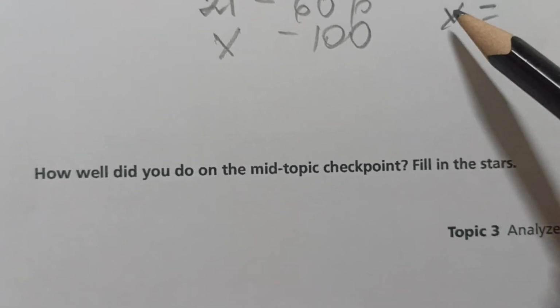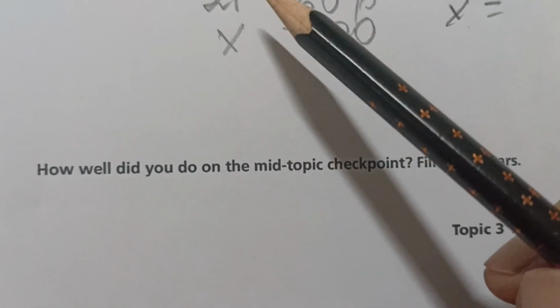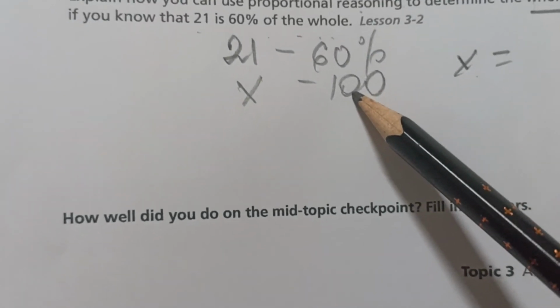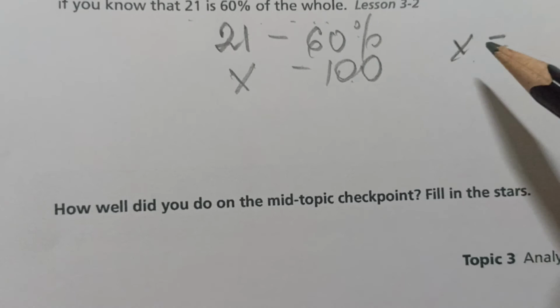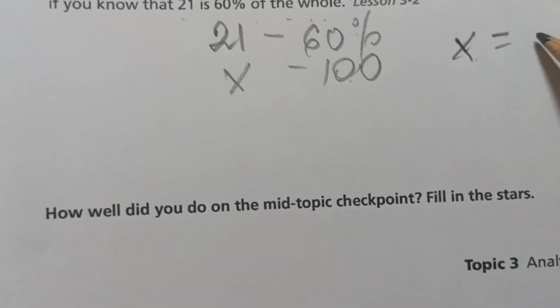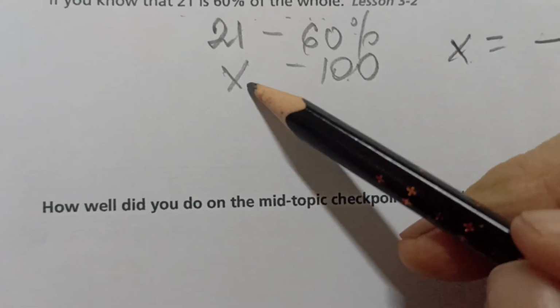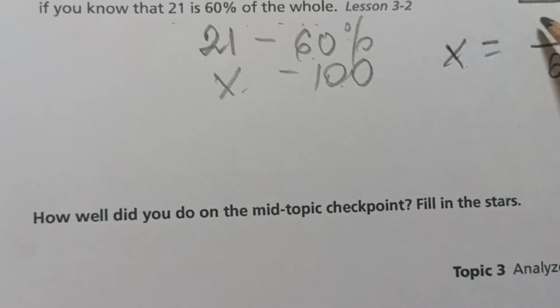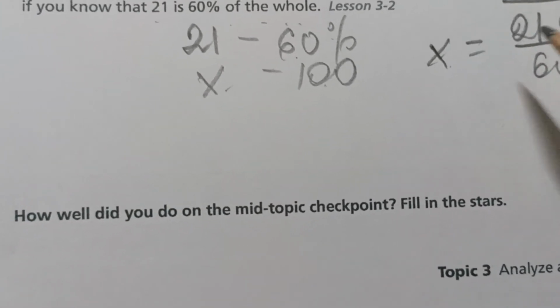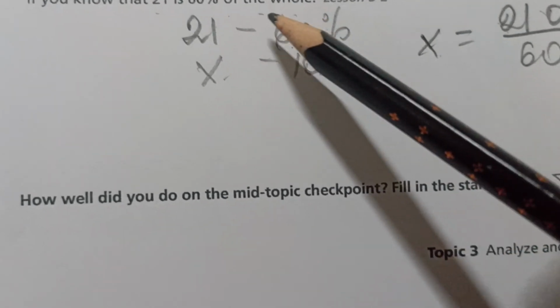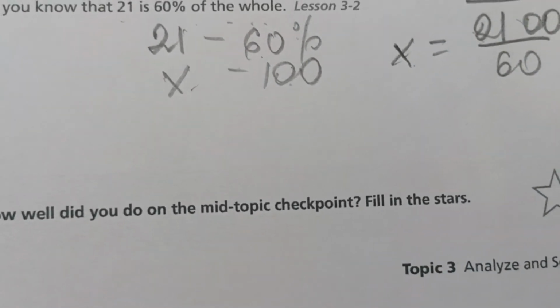You can say that to find the whole, we multiply part with 100% and divide by percent. But for me, just write the formula. So what goes down? 60 goes down, 2100 goes up. You multiply. Why 2100? Because 21 multiplied by 100.